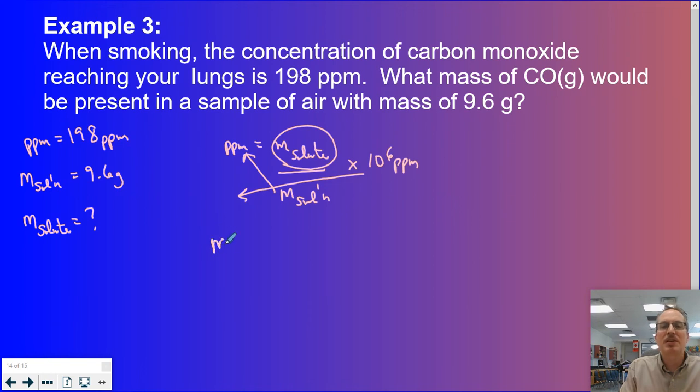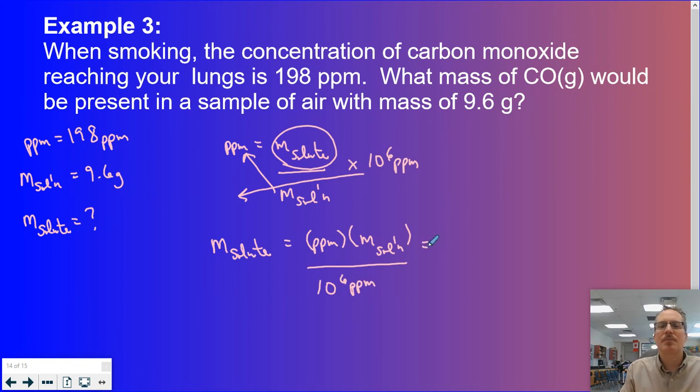So my moved formula is going to be mass of solute equals parts per million times mass of solution divided by 10 to the 6 ppm. So let's substitute this in. We have 198 parts per million. We're going to multiply by 9.6 grams. And then we're going to divide by 1 million or 10 to the 6 ppm. Notice my parts per million will cancel. The unit I'm going to get out is grams.